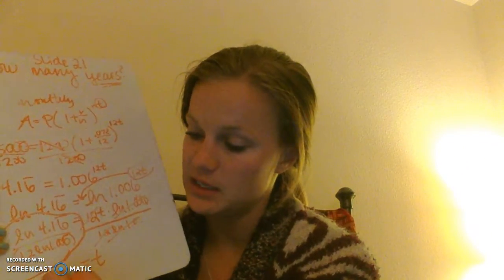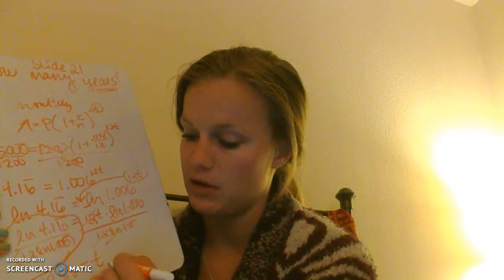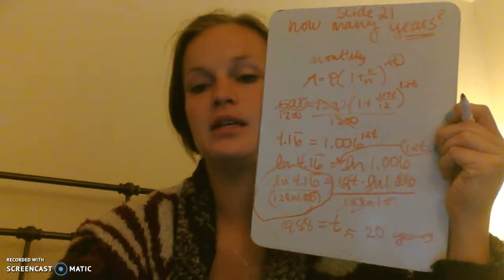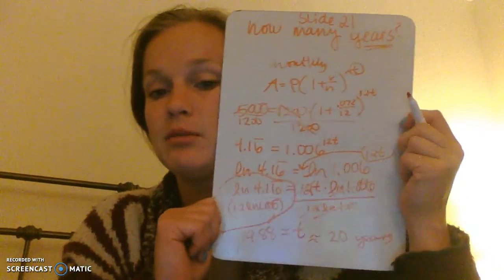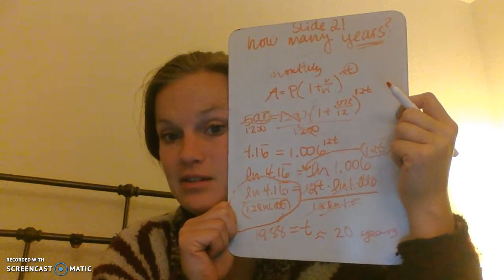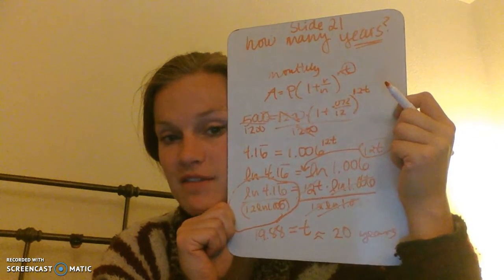I'm getting that t is approximately 19.88, or about 20 years. Now keep in mind that this is not a very awesome investment. It takes 20 years for $1,200 to turn into $5,000.